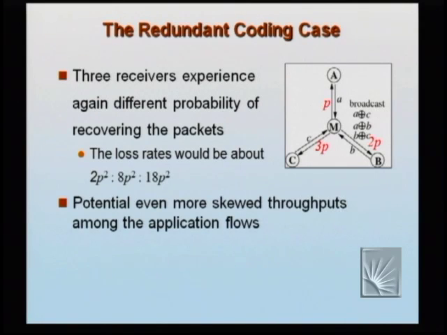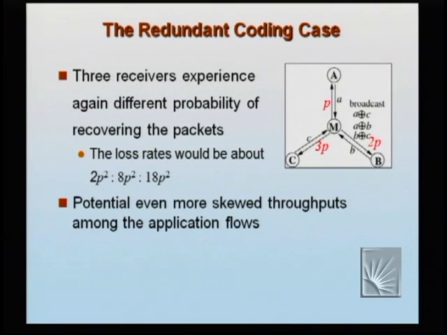So then we can calculate the loss probability. I'll just ignore those details. We will notice that the loss rates for these 3 flows will be about this: the first flow, twice P squared; the second flow, 8 times P squared; the third flow, 18 times P squared. Initially the loss rates are actually close to each other.